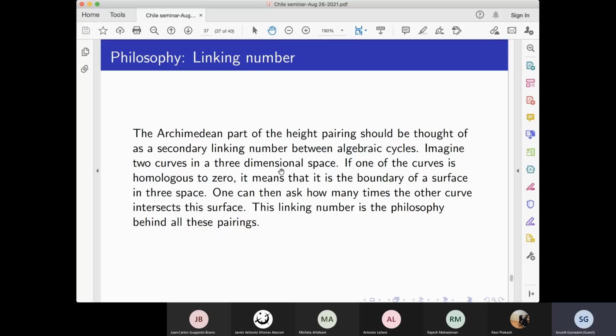For example, if you have a 3-space, and two cycles which are two curves homologous to 0, then one curve being homologous to 0 means it is the boundary of a surface. And then one can ask how the other line intersects this surface. So this is basically the philosophy, at least the complex part of the pairing.